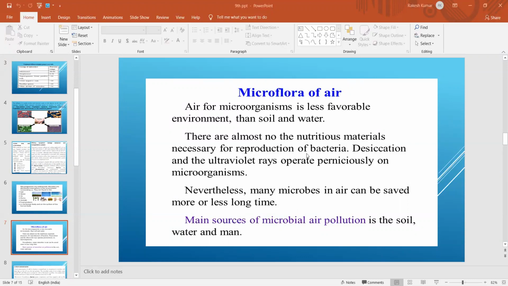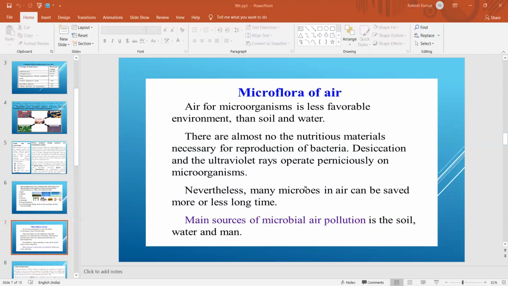Actually, what is there in air? There is no nutrient available. So automatically it is not favorable for the growth of different kinds of microorganisms. So desiccation and ultraviolet rays operate perniciously on microorganisms. Nevertheless, many microbes in air can be saved for a more or less long time. The main source of microbial air pollution is the soil, water, and man.